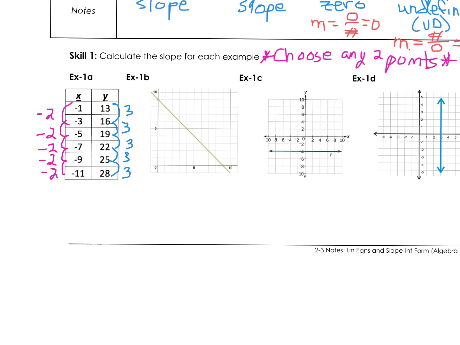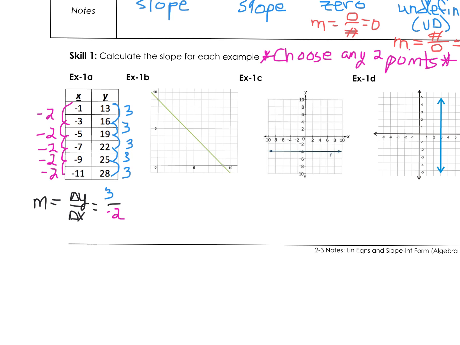So if we use that slope is the change in y over the change in x, our change in y is 3 divided by our change in x, which is negative 2. So this is a negatively sloped function, and its constant rate of change is negative 3/2.